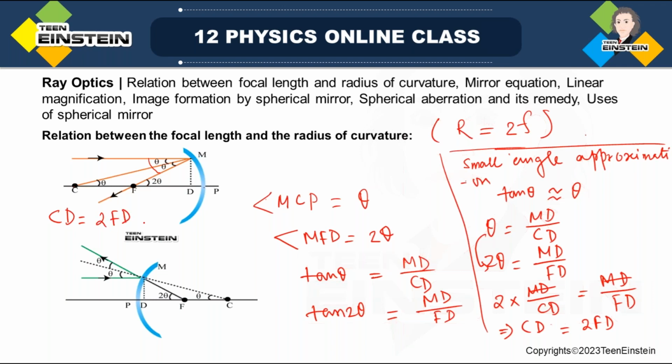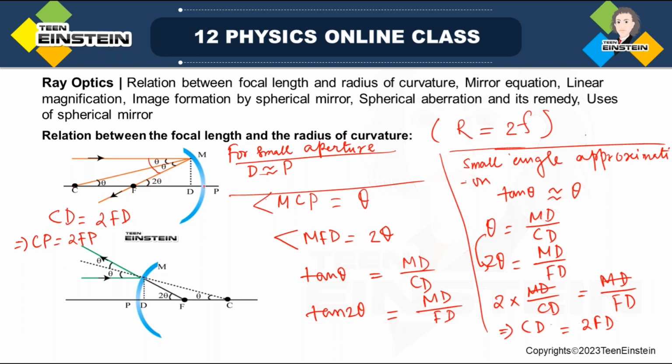And as I said, for small aperture approximation, D is equivalent to P actually. D and P are almost the same, so I can write CP is equal to 2FP, all right.